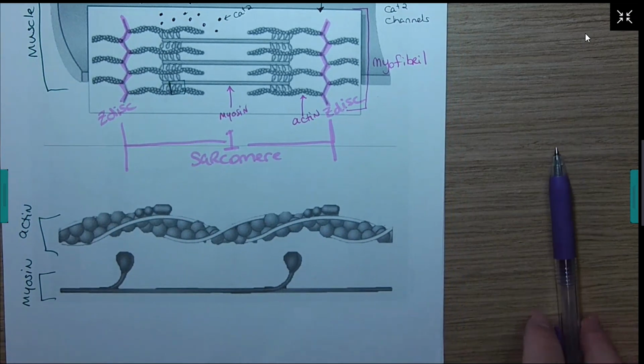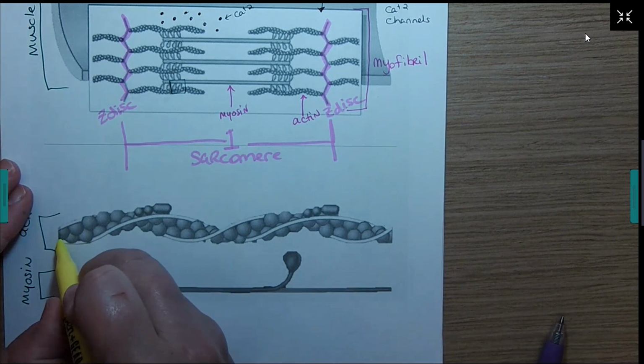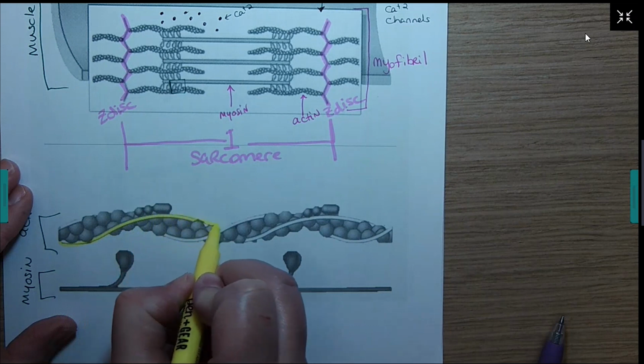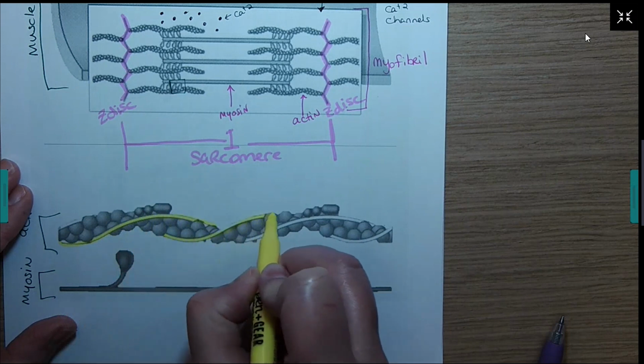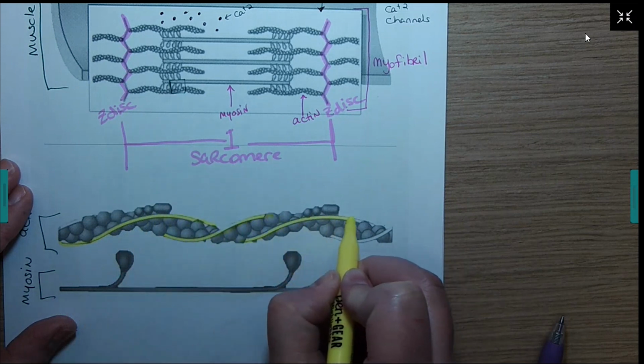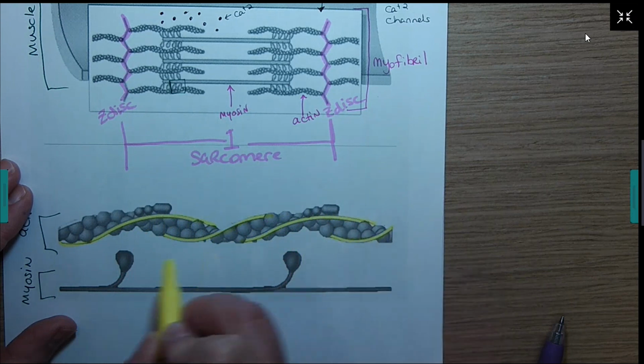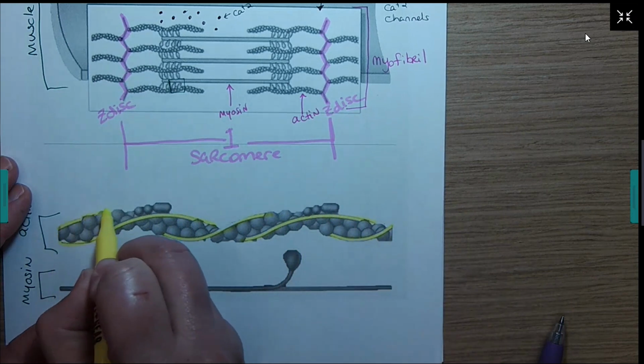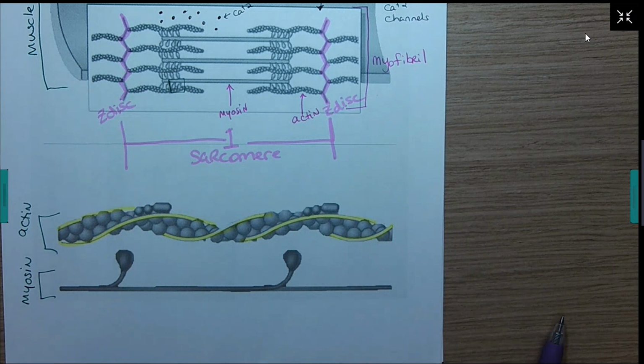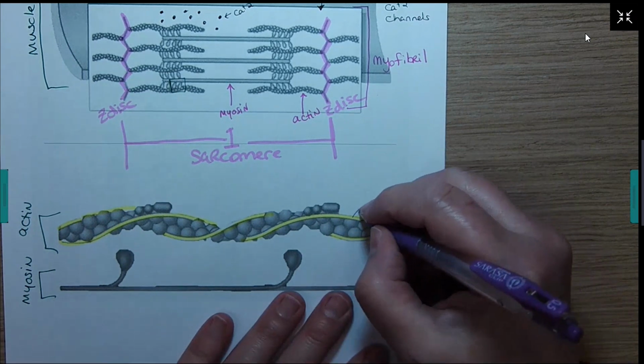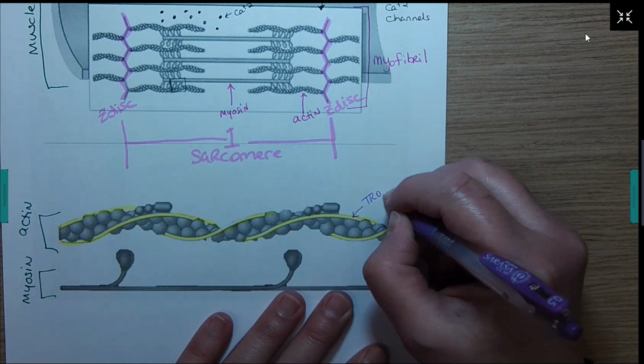And remember, actin is made up of three structures. You can't really see it very well, but here's one right here. These little rope-like structures, I think there's one right here too, though it's kind of hard to see. These little rope-like structures are called tropomyosin.